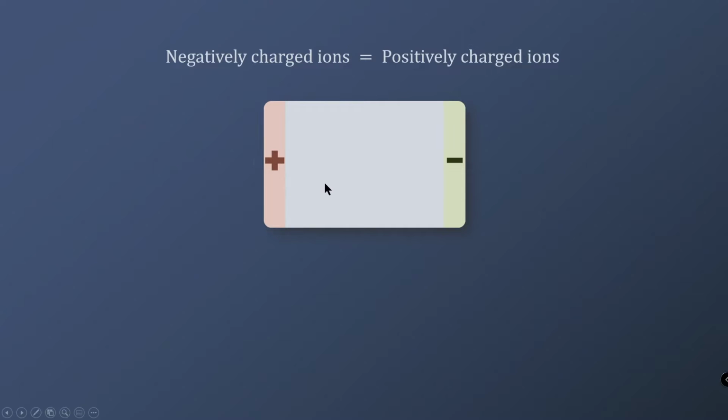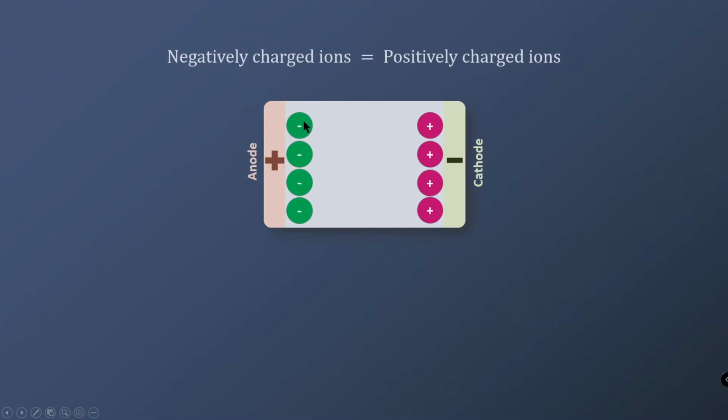Let's suppose this is the anode, the positive pole of the electrical field, and this is the cathode, the negative terminal of the electrical field. If we pass electrical current through these ions, the negatively charged ions will be attracted towards the positively charged anode, and positively charged ions will move towards the cathode, right? As they say, opposites attract.